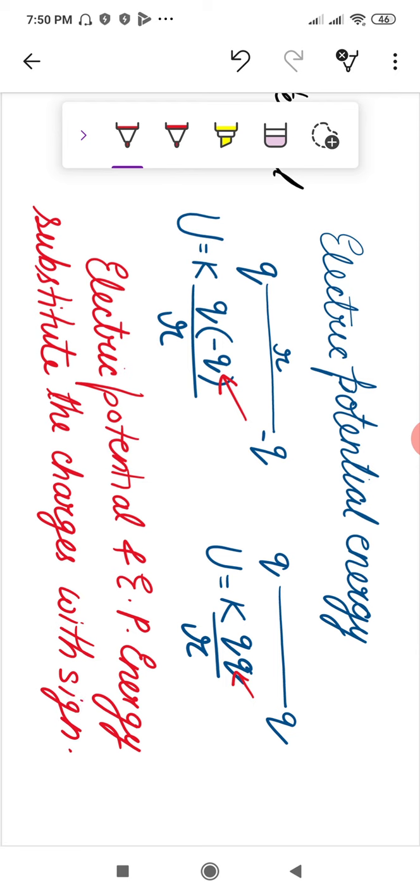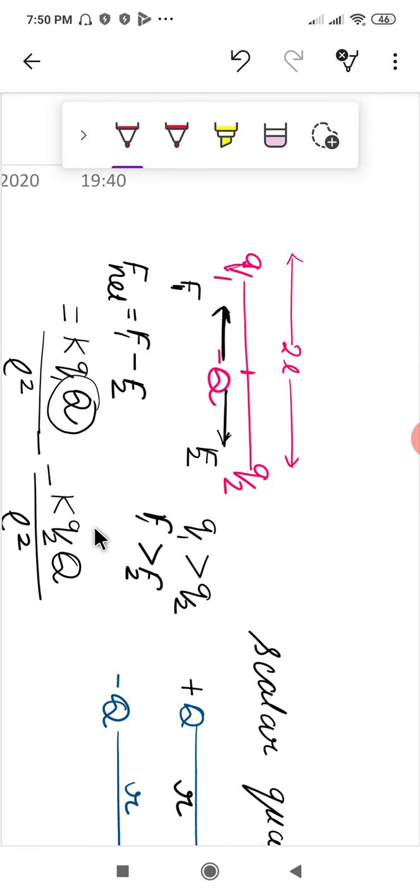But when we are writing Coulomb's law, just check it out. When we are writing the Coulomb's law expression, we consider the nature of the charge while placing the force vectors of the charges. And then we will not substitute the sign again, because then we would consider the nature of the charge two times.